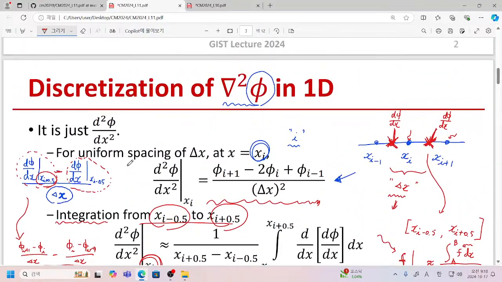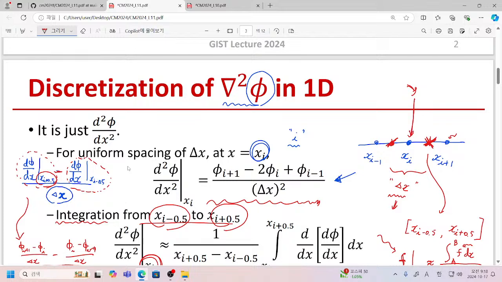So let me just come back to this case once again. If we are asked to calculate the second derivative of our quantity here, then it is very difficult for us to calculate it immediately.